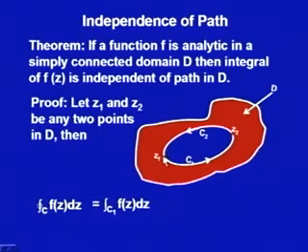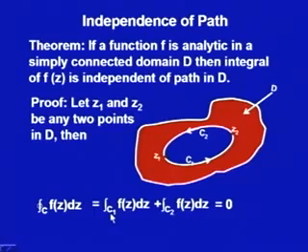Now, I divide this closed contour into two parts: one from z1 to z2, call it c1, and another from z2 to z1 as c2. So I could write it as the integral over c1 of f(z) dz plus the integral over c2 of f(z) dz, which we know by the simple definition of our integrals, since the path can be written as the summation of these paths. So this is equal to 0 according to the theorem.